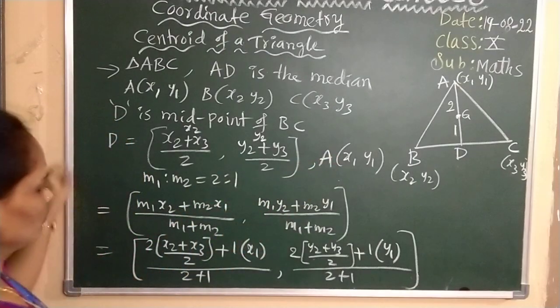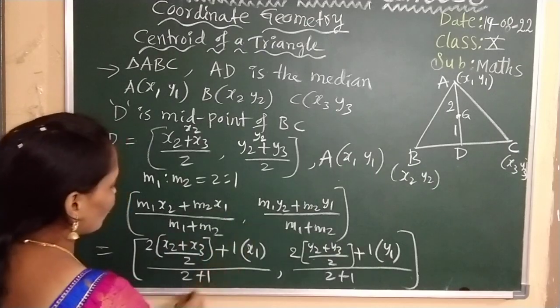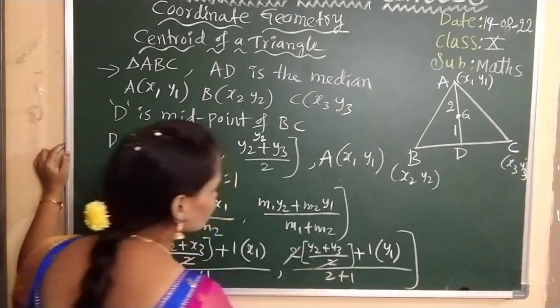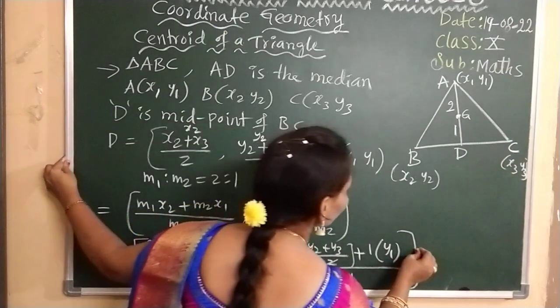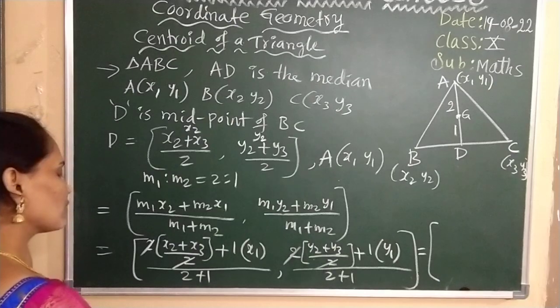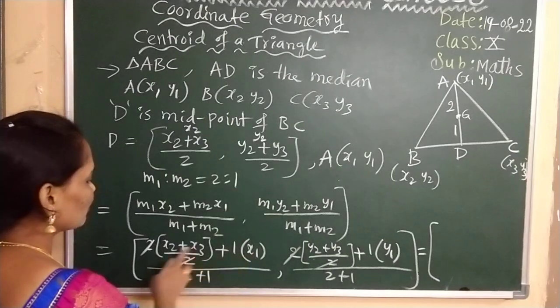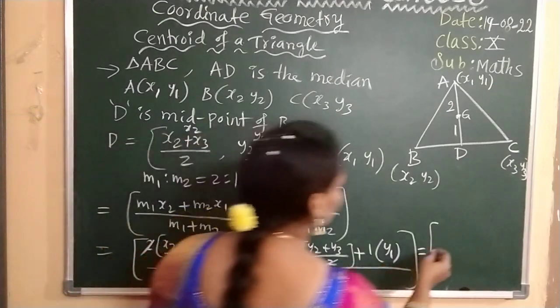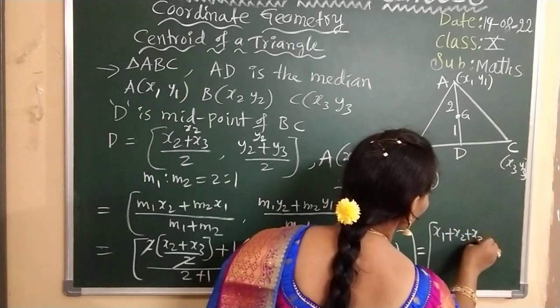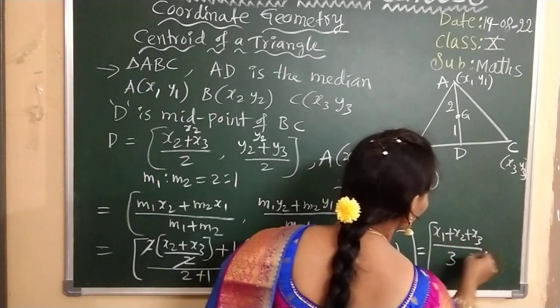Just all the values we are substituting in the section formula. Now the 2 will get cancelled here, and here also the 2 will get cancelled. At last you will get the centroid of the triangle. In order, I am writing x1 plus x2 plus x3 by 3.